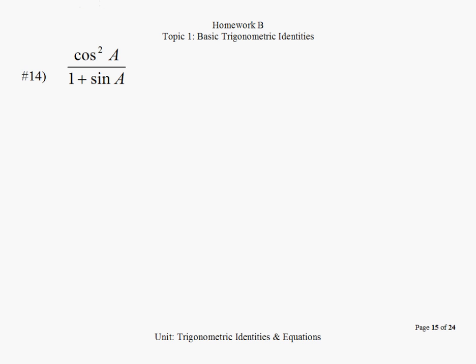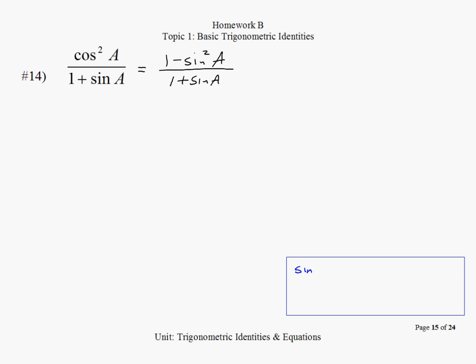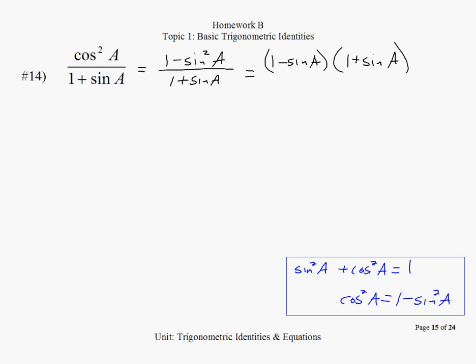14 here is just like 11. That step that I skipped, I'm going to rectify it here. Cosine squared of A is 1 minus sine squared of A. If you notice the blue down here at the bottom, that's Pythagorean identity. That numerator then factors. 1 minus sine squared of A is 1 minus sine times 1 plus sine. It's a difference of 2 squares.